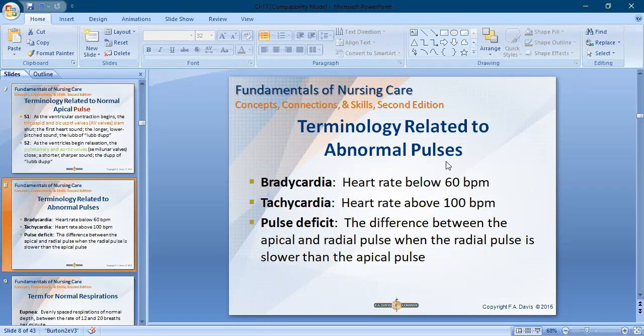Okay, so to the abnormal pulse: bradycardia, tachycardia, and pulse deficit.